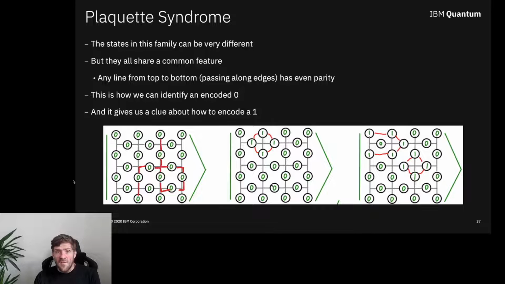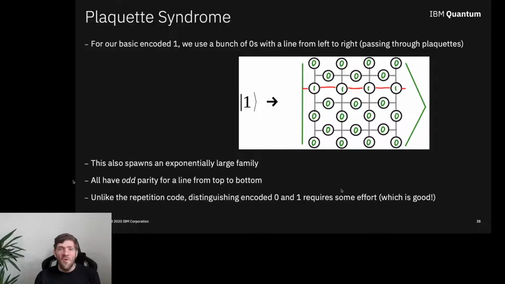So this gives us a clue about how to encode a 1, because if all of the states which correspond to a logical 0 have even parity when we take a line from top to bottom, then what about states which have odd parity when we take a line from top to bottom? And we can generate these by, for example, just taking a line that passes through plaquettes from left to right, and since it goes in and out of each plaquette, each plaquette has an even parity due to this line.